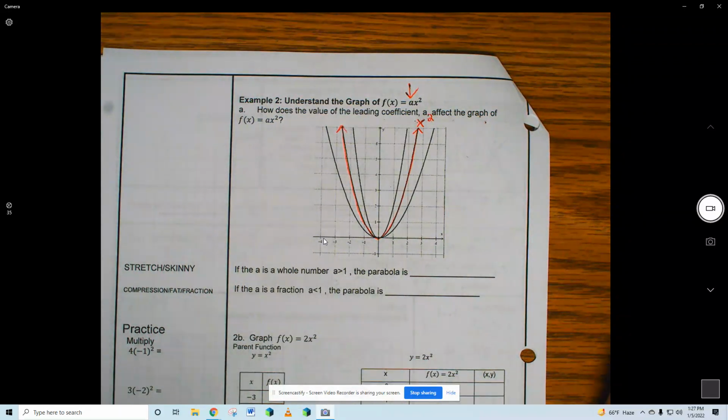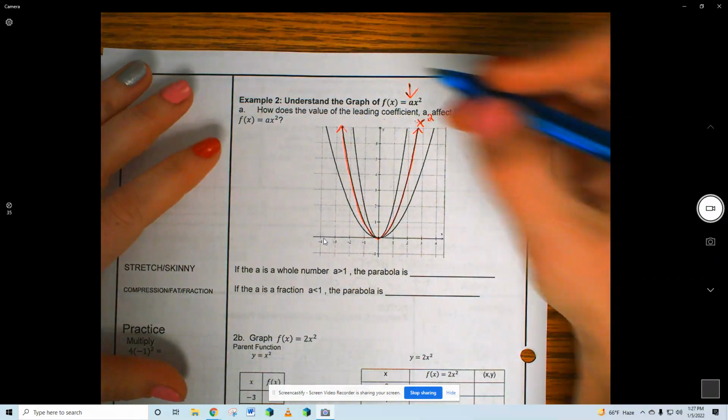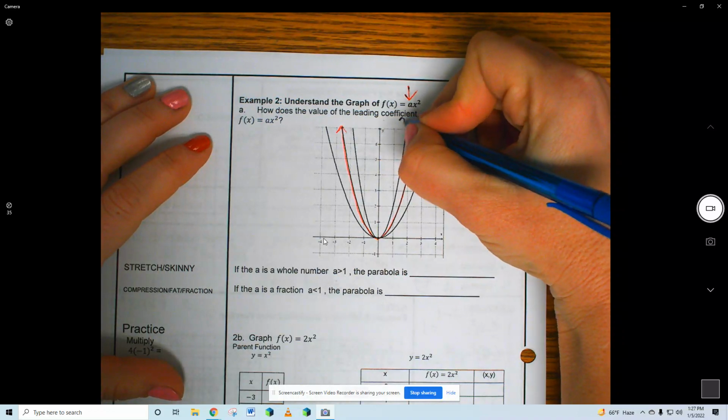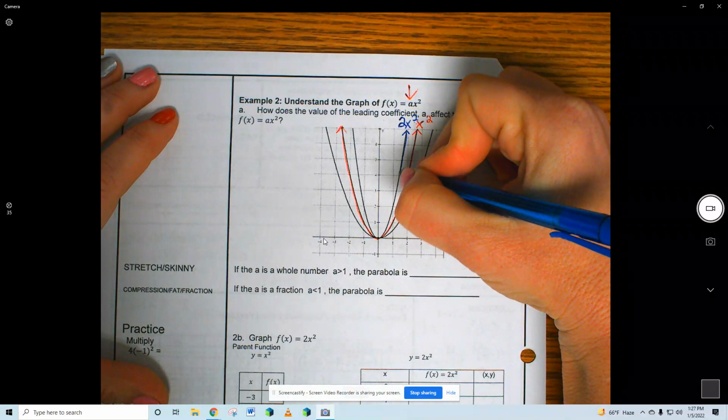If I have a parabola that's skinnier, that's going to have a whole number in front of it. Like for example, this one is a 2x squared. This skinny one here.